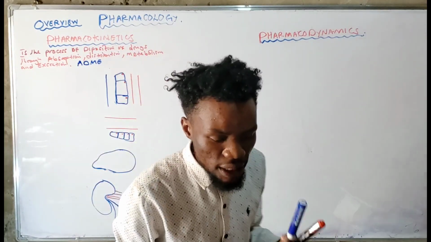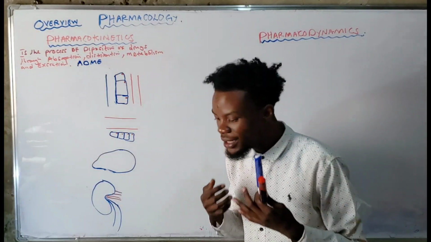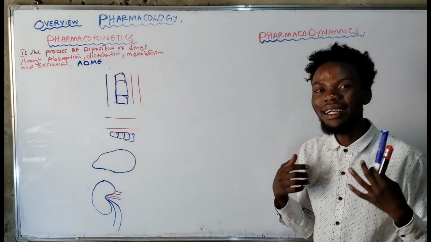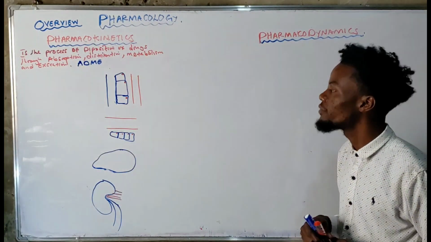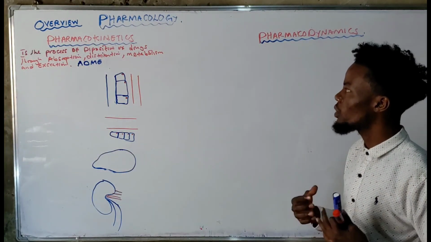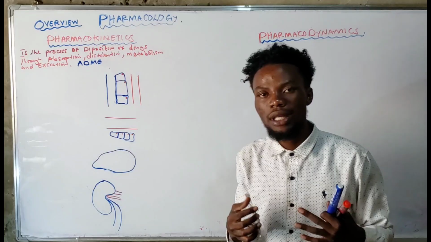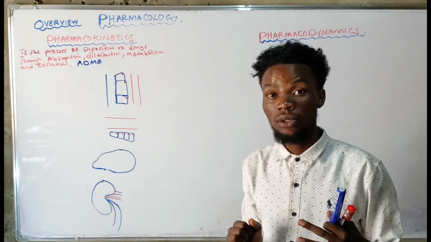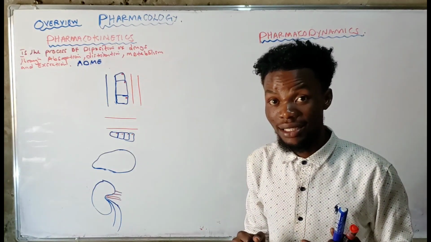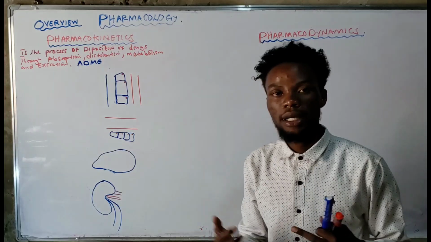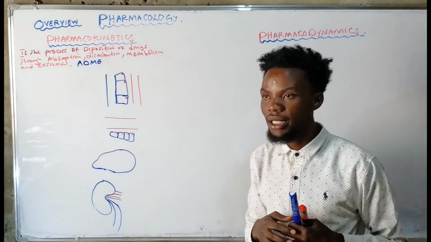But I found that a lot of students find it difficult to understand pharmacokinetics. The main reason is that you didn't understand the introduction to pharmacokinetics, so you can't start mastering concepts under it.